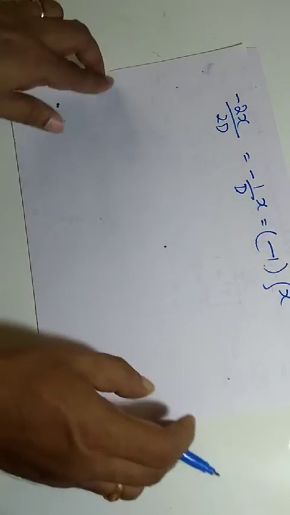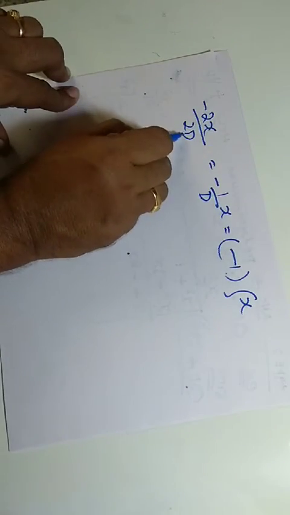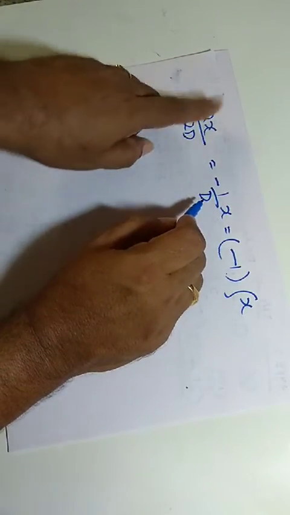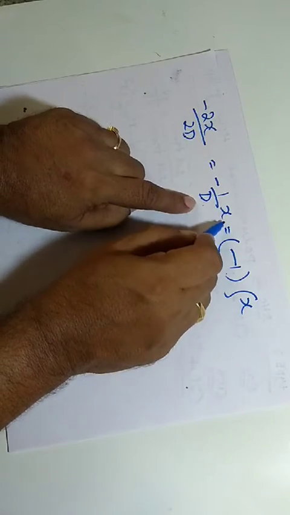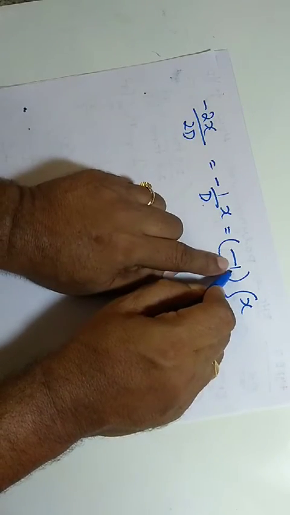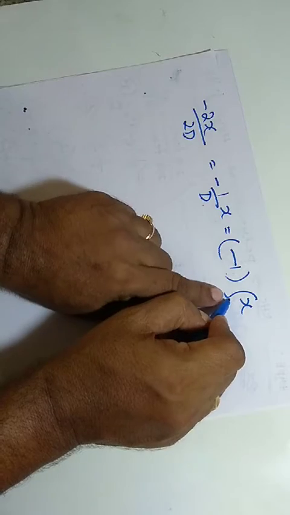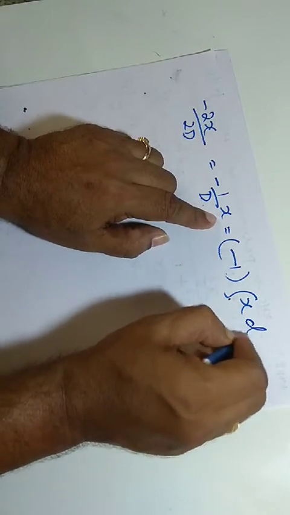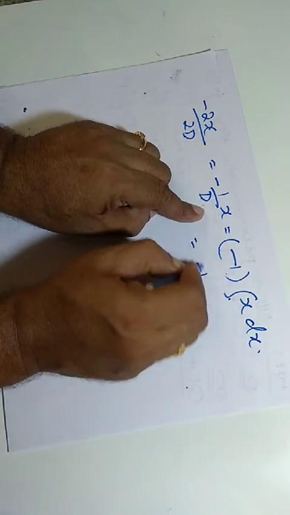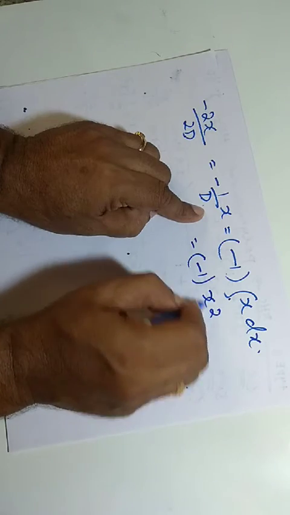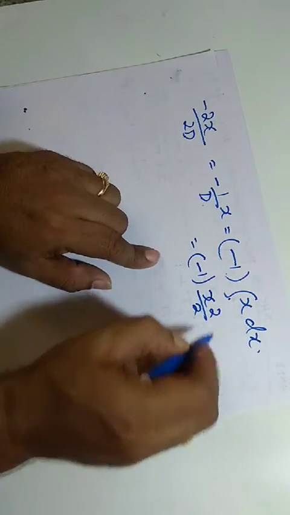I think the point is clear. First term is minus 2x, there first term is 2D. So 2 cancels, minus 1 by D into x. So minus 1 into 1 by D means integral of x dx, and the integral of x is x squared by 2.